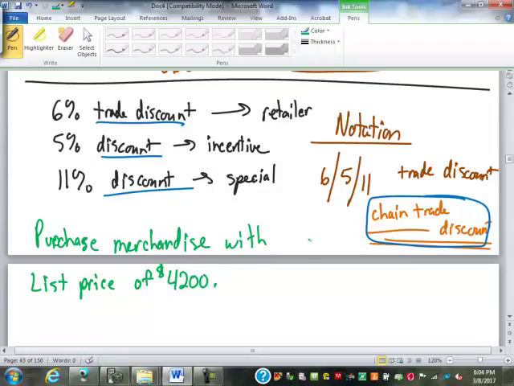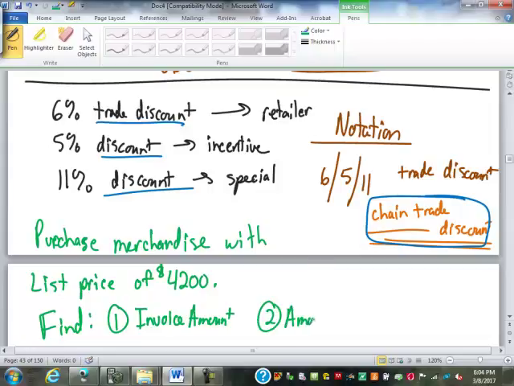How do we find, one, our invoiced amount, and two, the amount of our trade discount?